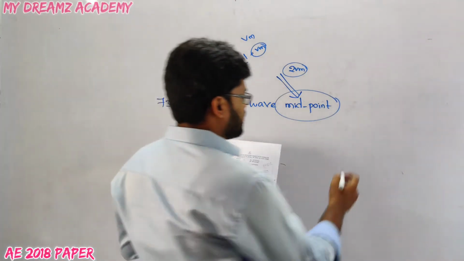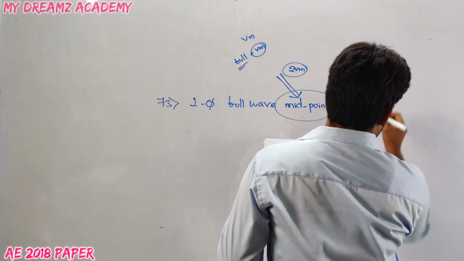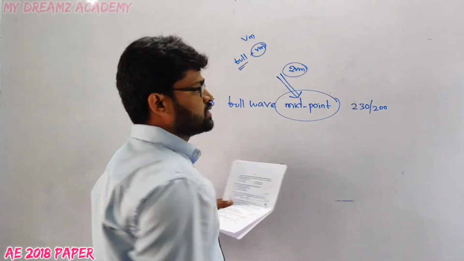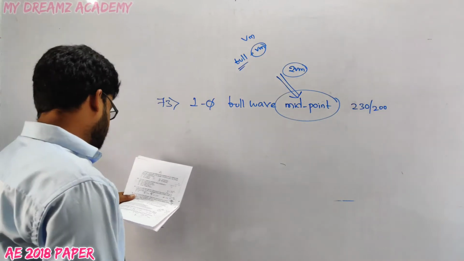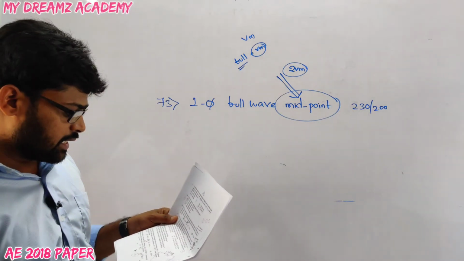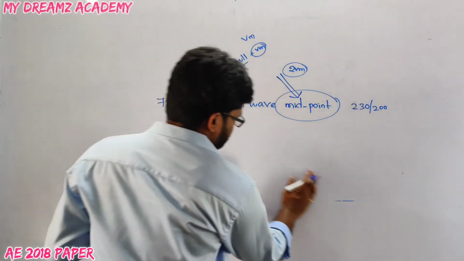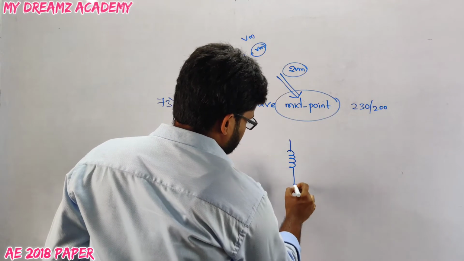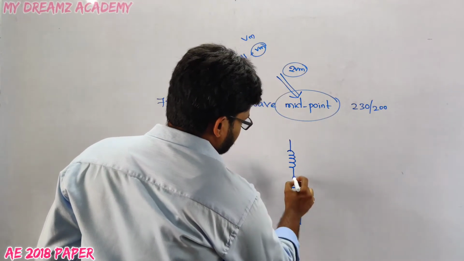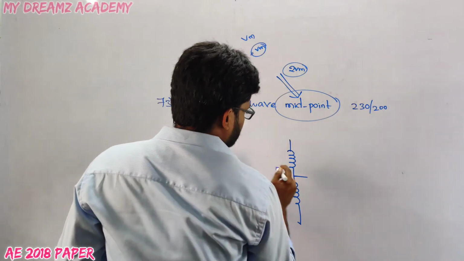This transformer rating is 230/200. Primary voltage is 230, secondary voltage is 200 volts. A transformer with a center tap on the secondary side. The secondary has center tapping like this. So the secondary voltage is 200.